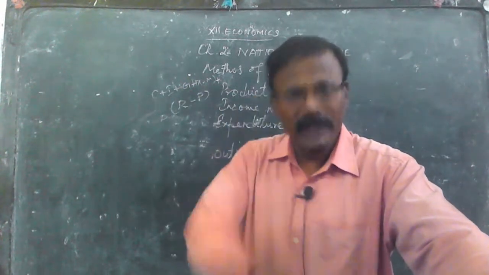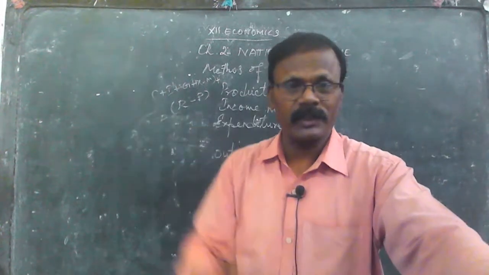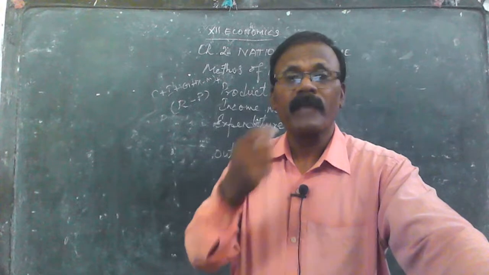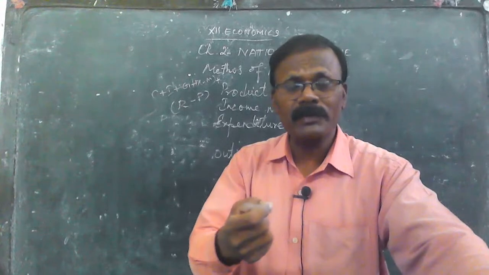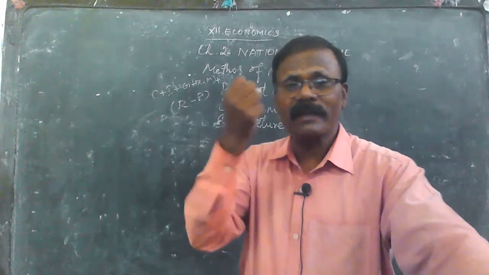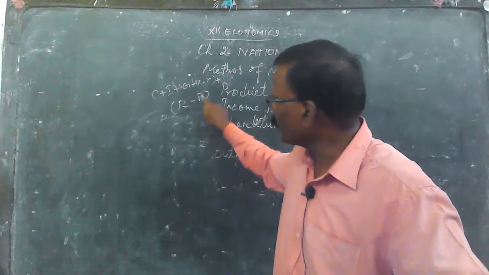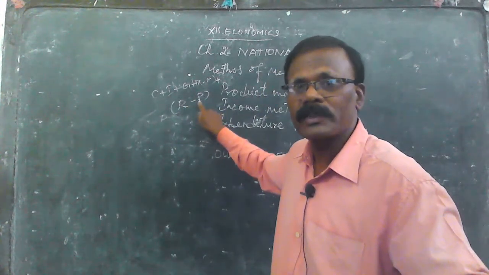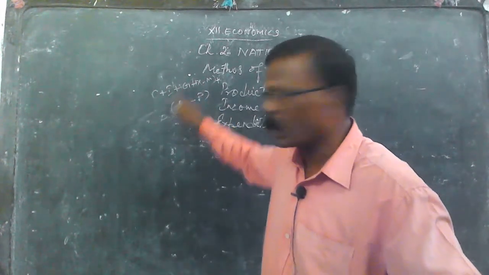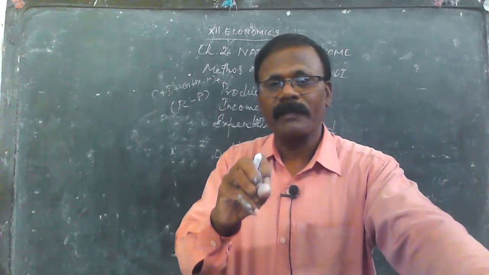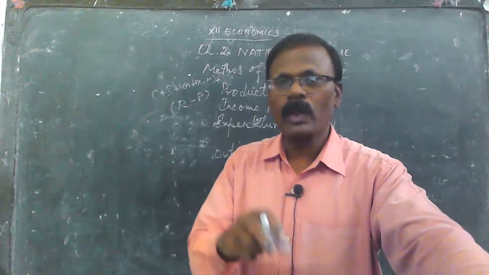That is, our Indian residents receive the factors from the foreign residents, for which they have to pay the factor income for the factors received. That is, receipt and payment, or minus P. Understood? So these are the five types of final goods and services which are included in GNP.